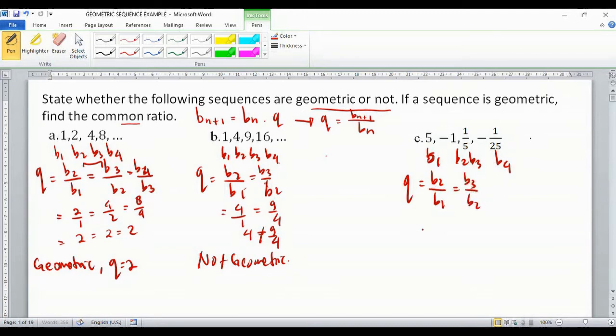B2 over B1 is minus 1 over 5, and B3 over B2 is also minus 1 over 5. So it's equal: minus 1 over 5 equals minus 1 over 5. So this one is geometric, and the ratio is minus 1 over 5. Okay, everyone?